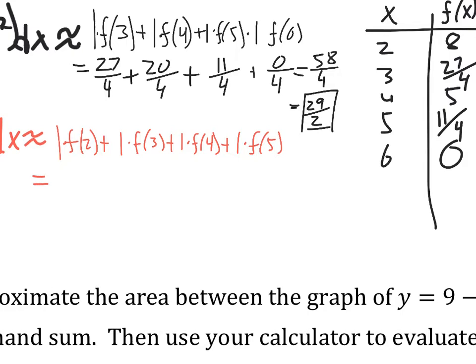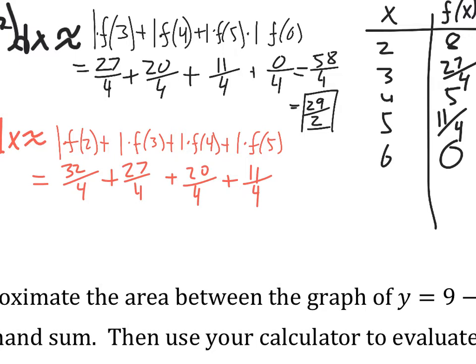That's just going to be 8, which, since everything's in fourths, let's write as 32/4, 27/4, 20/4, and 11/4. These last ones actually add up to 58/4.